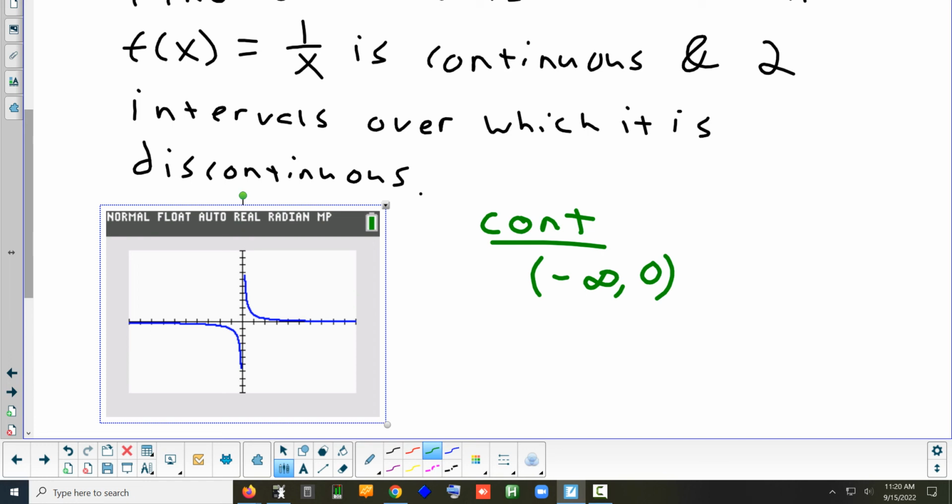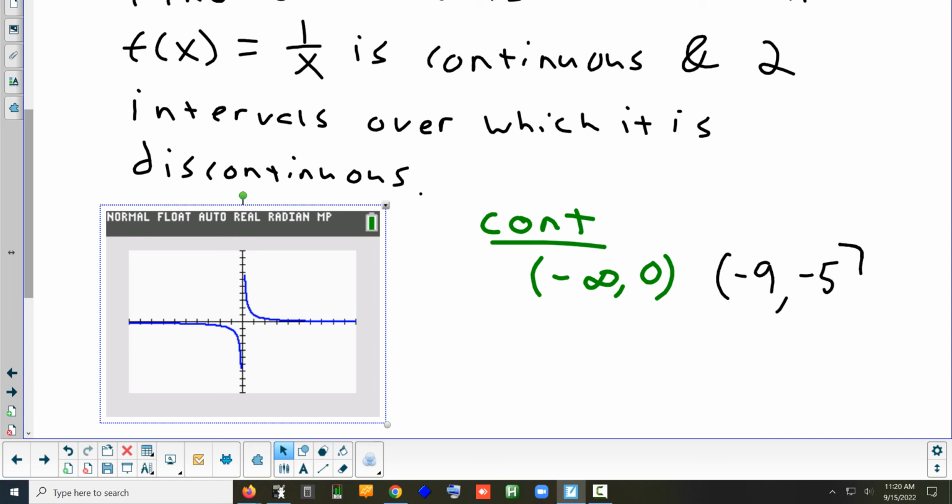Can someone give me another interval? Open 0 to infinity. Okay, so that's kind of like that one. How about a bounded interval? I'm looking for something simple. Like closed -9 to -5. Perfect.